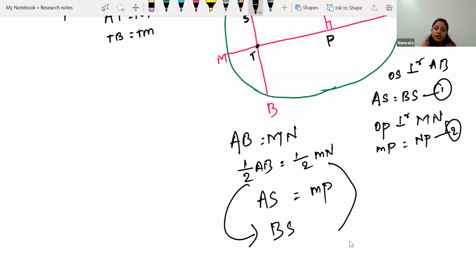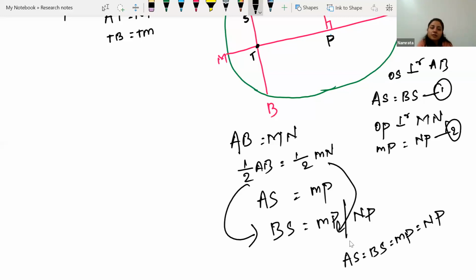Half of MN we can take as MP or NP also. So eventually can I say that AS, BS, MP, NP all will be of the same length? Yes, we can say that AS, BS, MP, NP all have the same length.